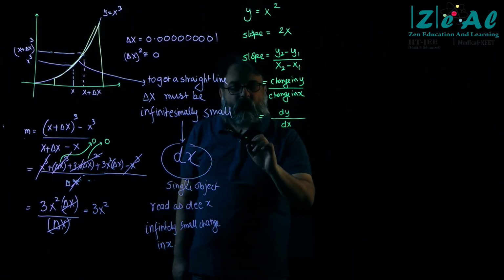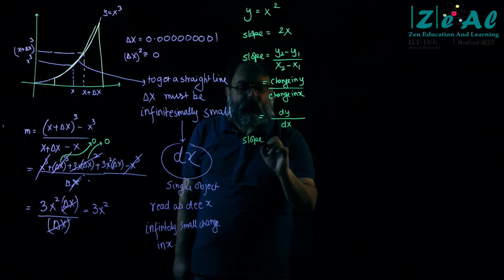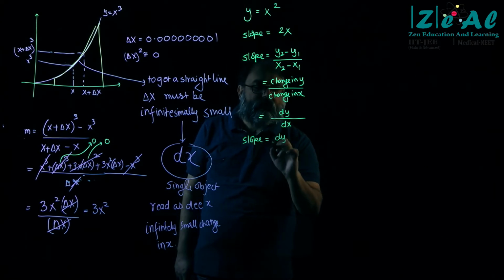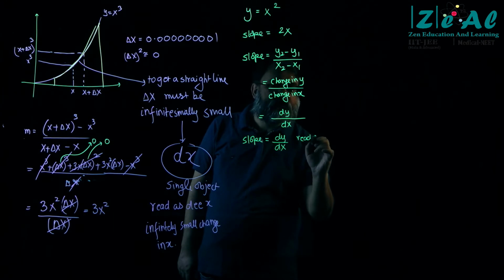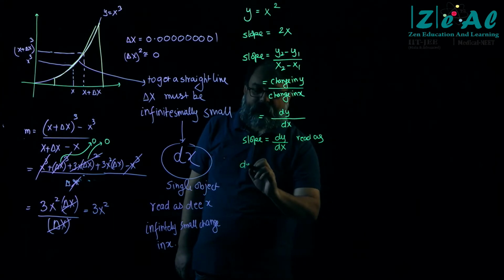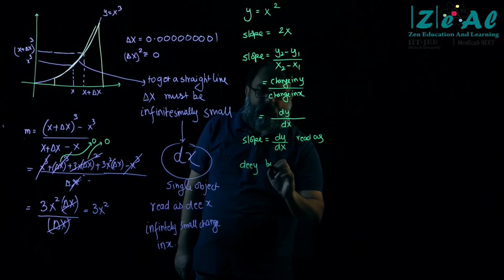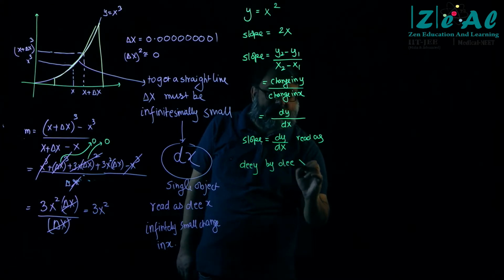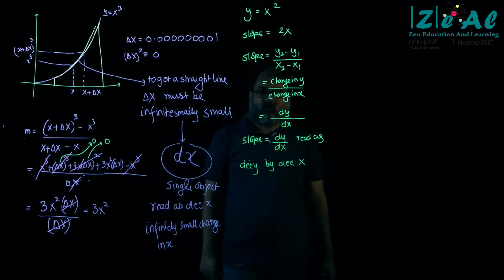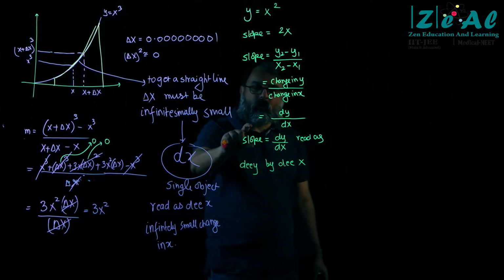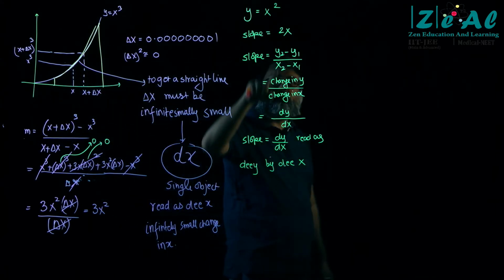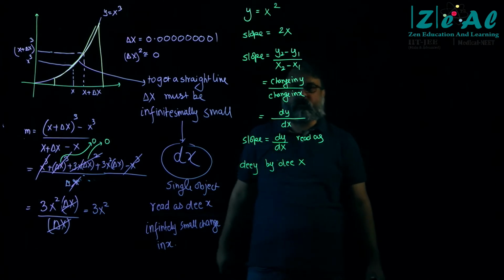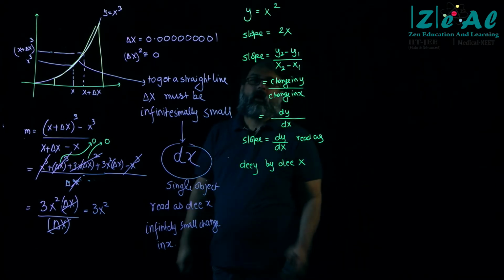So instead of writing slope, I can also write this quantity, which is read as dy by dx. The slope is equal to y2 minus y1 upon x2 minus x1, yes, absolutely.